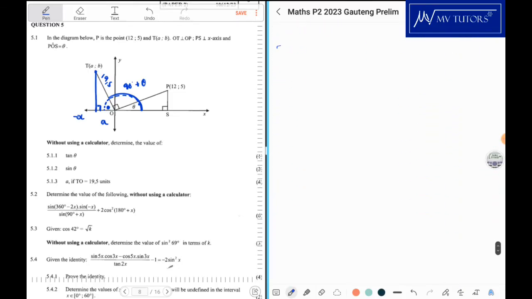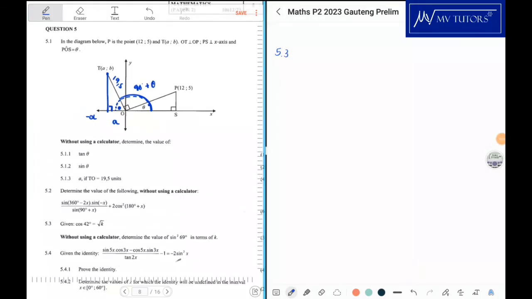So that was good. Now 5.3, given cos 42 degrees is equal to root k, without using a calculator, determine the value of sine squared 69 degrees in terms of k. Okay, what would sine squared 69 degrees have in common with cos 42 degrees?